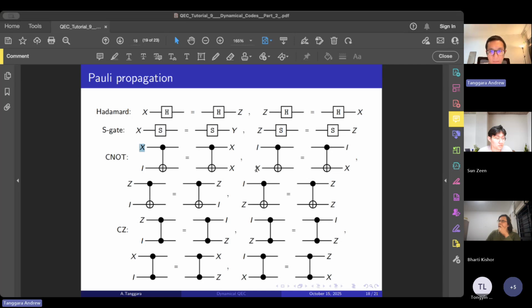But the X commutes with this CNOT gate if it's on the target register. And Z commutes if it's on the control register, but the Z propagates to two qubits if it's on the target register.